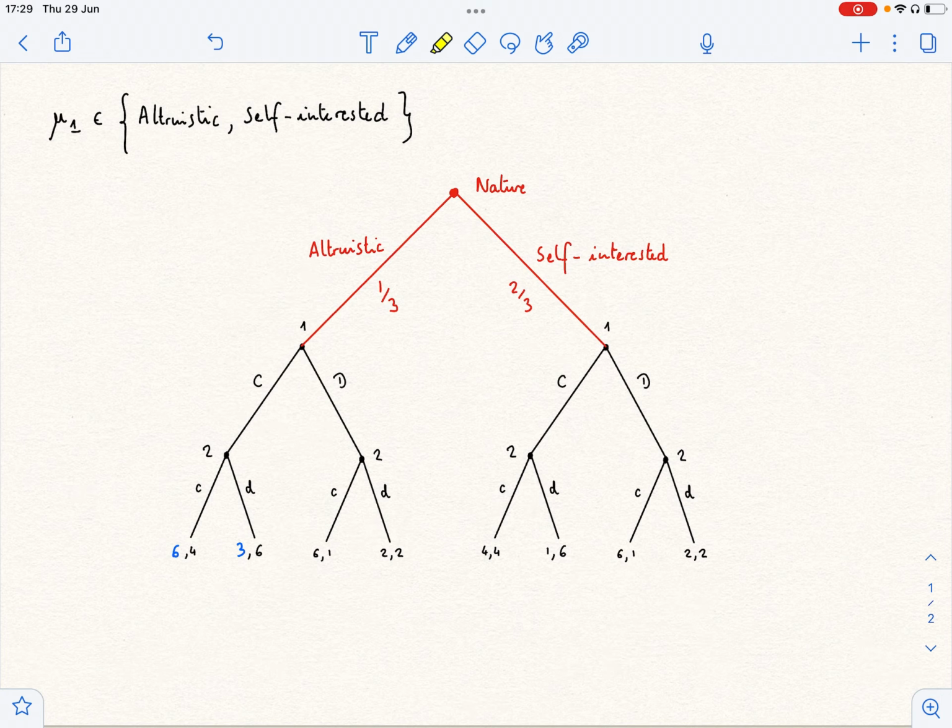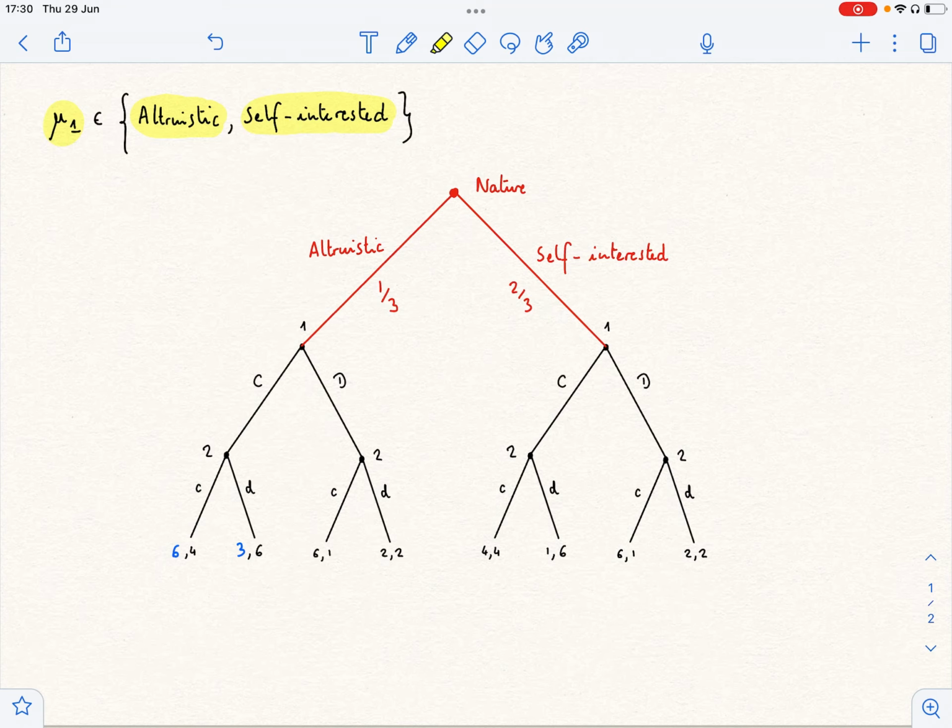So the way we model games of incomplete information is going to be to say that nature selects different types for certain players. And remember that games of incomplete information will be games in which players may or may not know some information about the other players, such as the strategies, the type, or the payoffs. So here, what we choose to say is that player 1 can be of two different types, and this type is unknown to player 2.